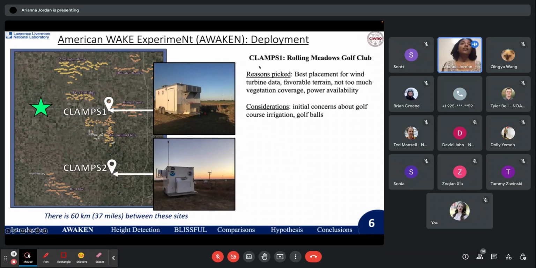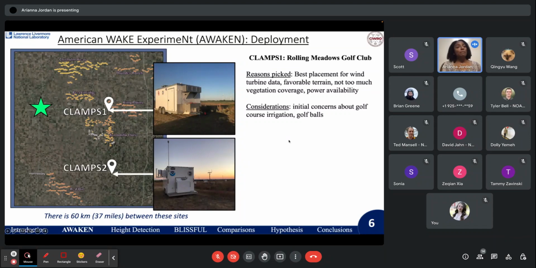Looking at CLAMPS 1, we found a golf course to put it at, specifically called Rolling Meadows Golf Club. And the reason we picked it is, as you can see, it's surrounded by wind turbines. So it's a really nice place to get that data pretty much everywhere except the west. It's also really great because there's favorable terrain, so not too much vegetation cover in this area.